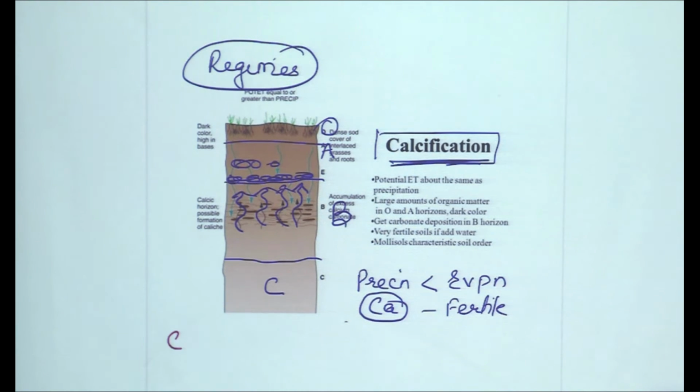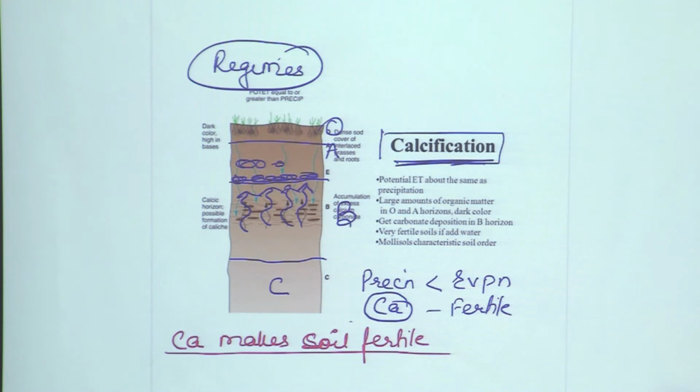Remind yourself, calcium makes soil fertile, but if the soil is in excess of calcium, then it is called saline, alkaline, infertile soil.